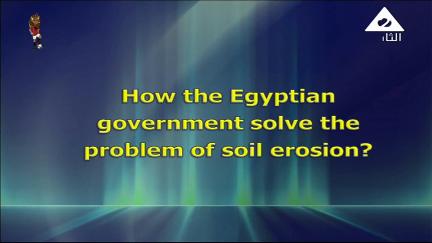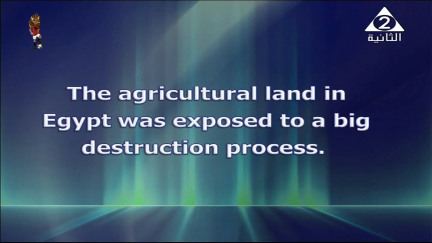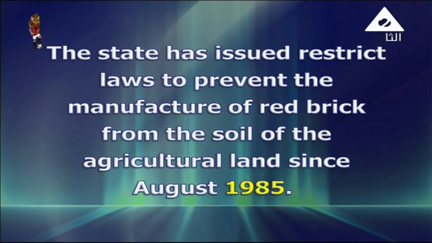Now, my dear students, let's go to another question. How did the Egyptian government solve the problem of soil erosion? The agricultural land in Egypt was exposed to a big destruction process. As we all know, the state has issued restrictive laws to prevent the manufacture of red brick from the soil of the agricultural land since August 1985.